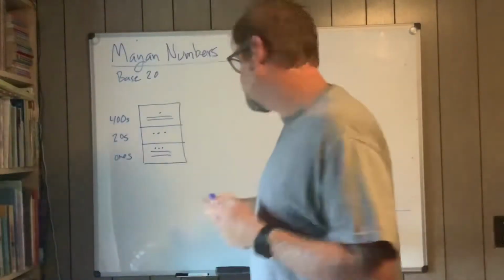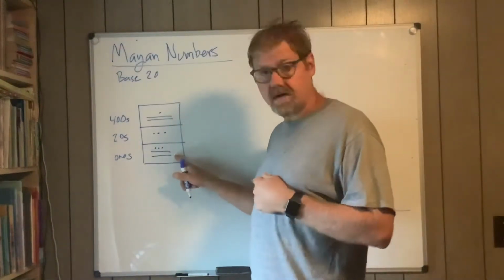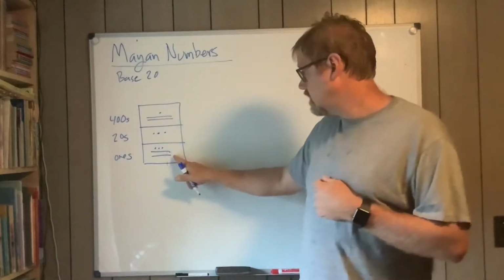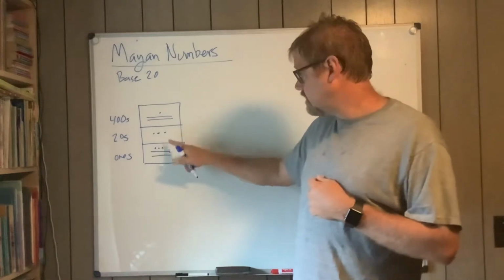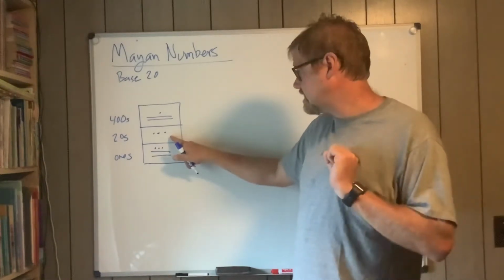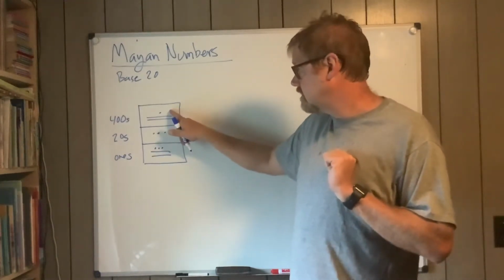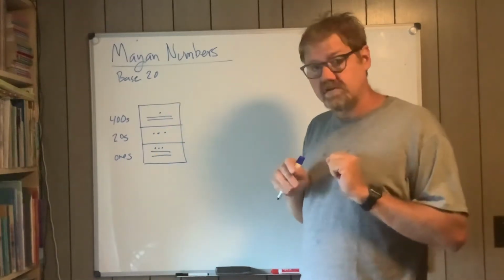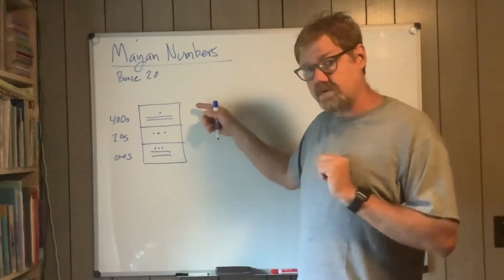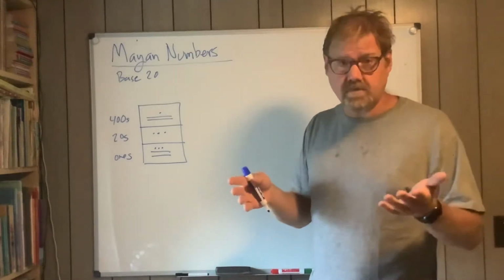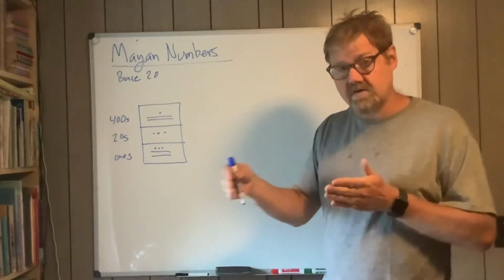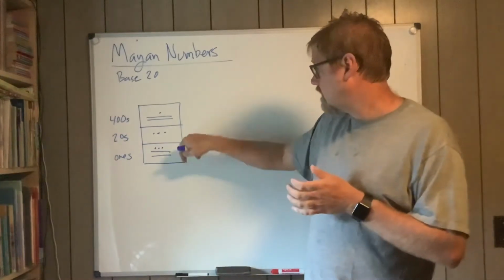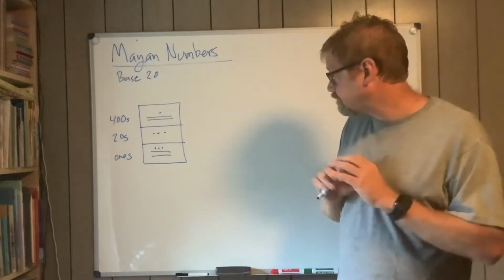The bottom is the ones category. Since we're in base 20, the next is 20s, and then the last is 400, because it's 20 20s. Just like a 3-digit number in our system uses 3 characters, here they have 3 boxes.